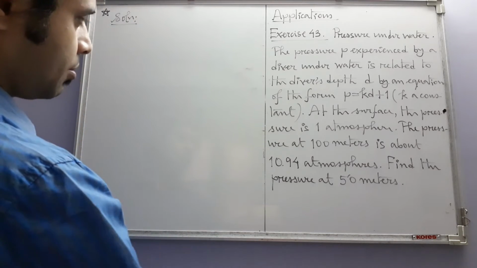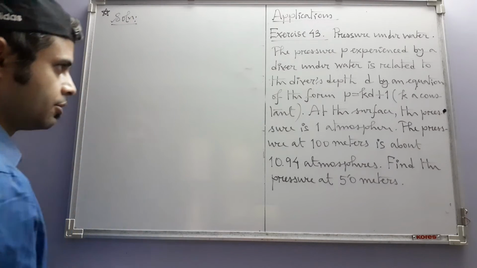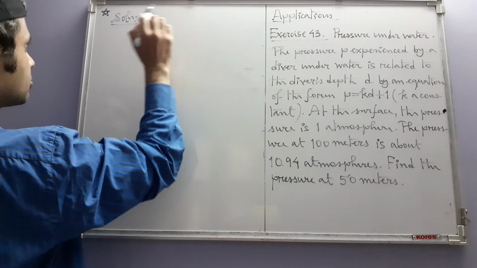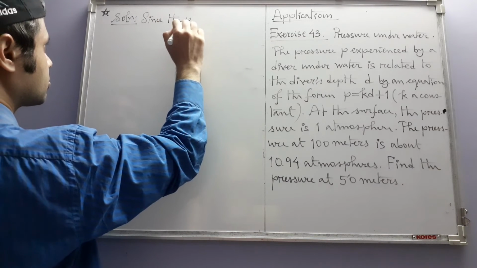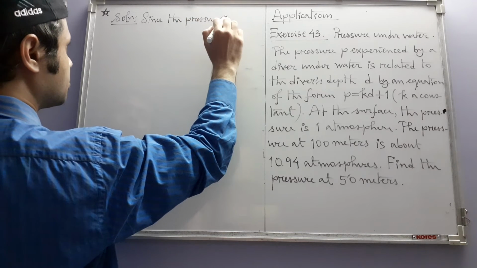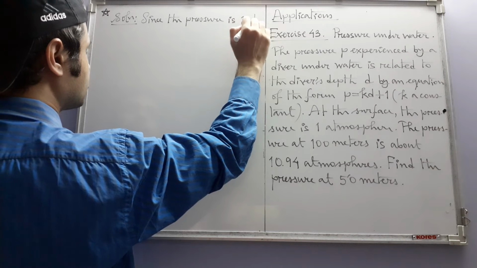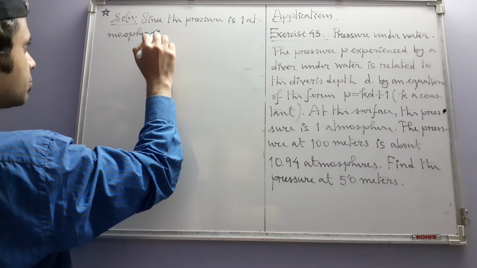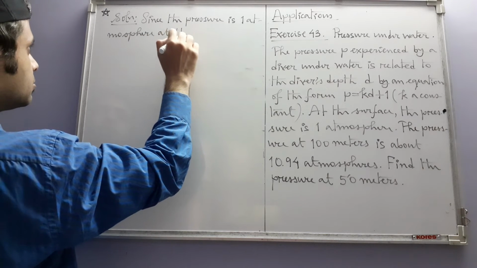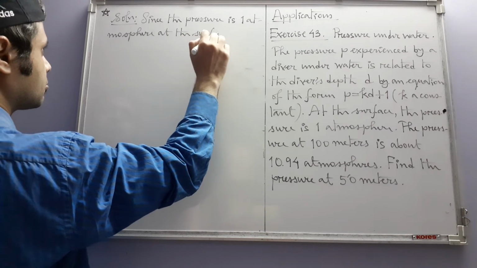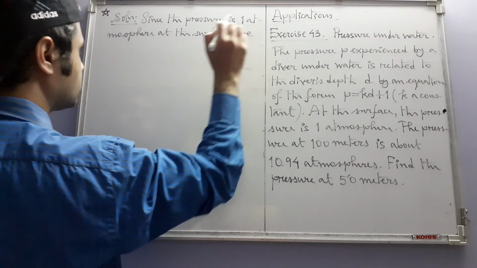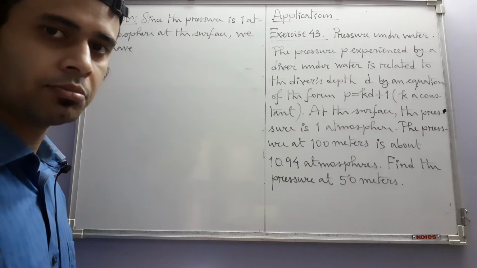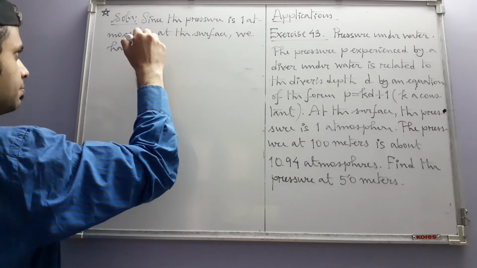Okay, so it's about a linear equation. Ultimately, it comes down to this. Since the pressure is 1 atmosphere at the surface, we have, so at the surface the depth is 0 meters, so D is 0 and P is 1.